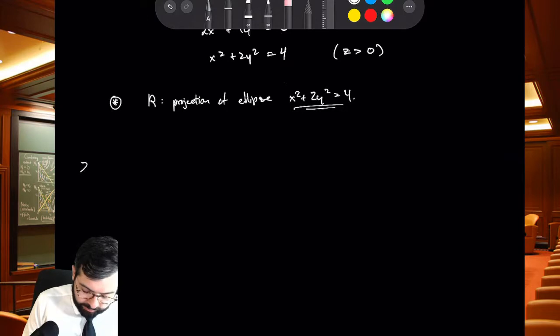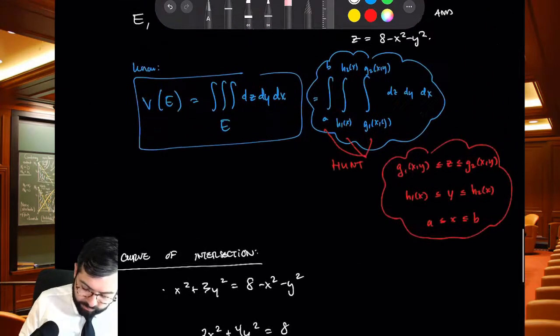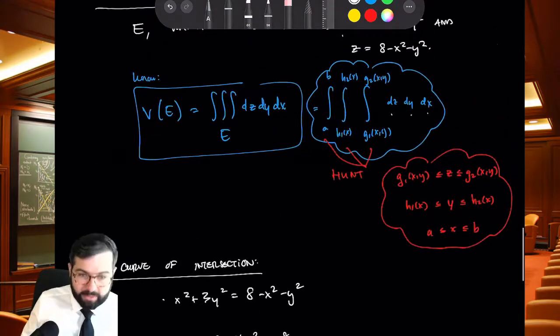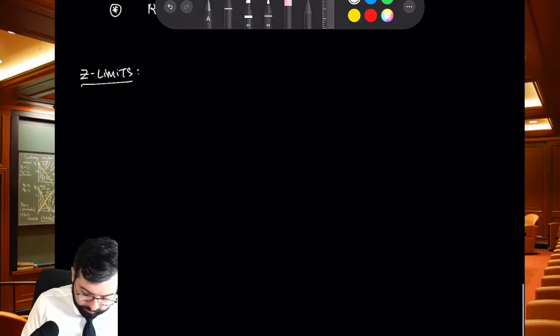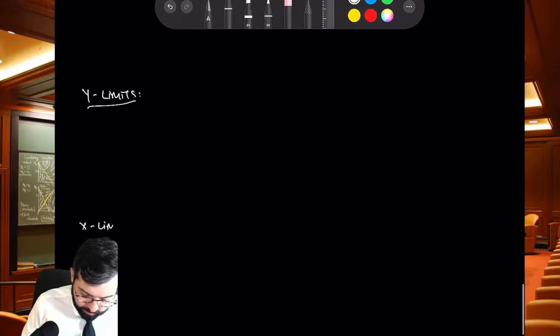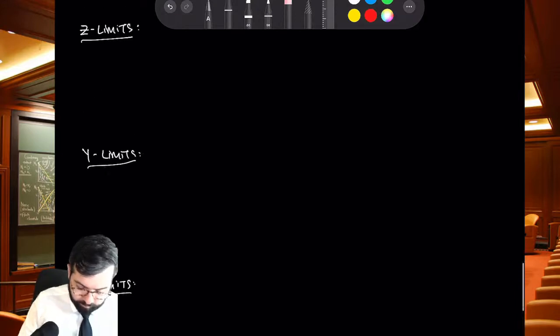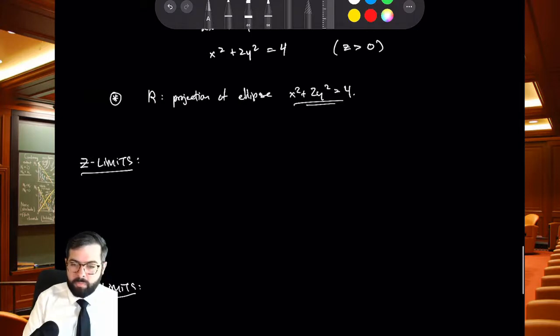And how we typically set this up, if we're doing it in this order, z, y, x, then that's the order in which we want to find these limits. It tends to make it easier. It doesn't always work that way. So find the z limits first.